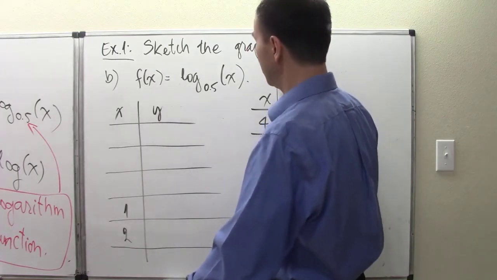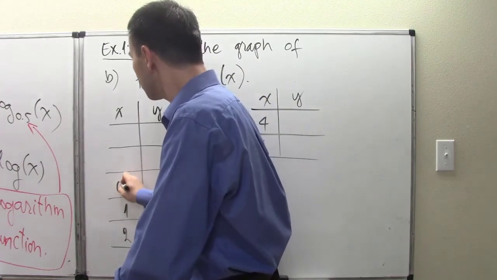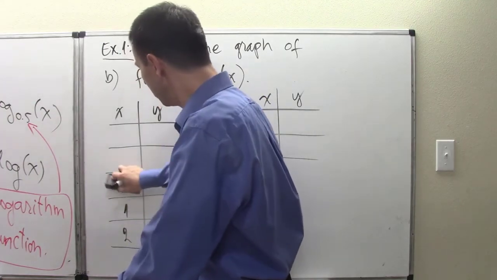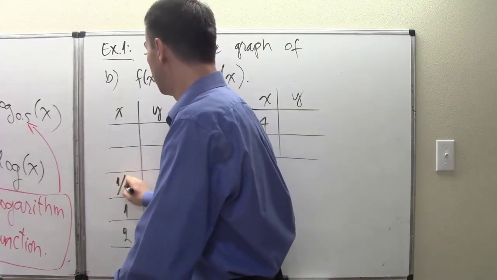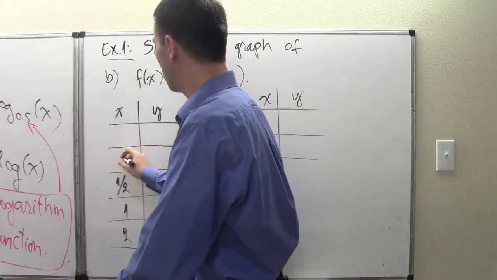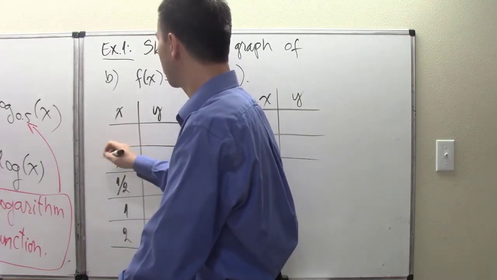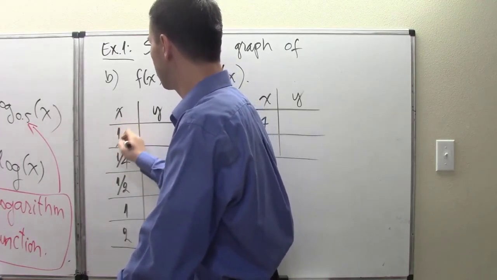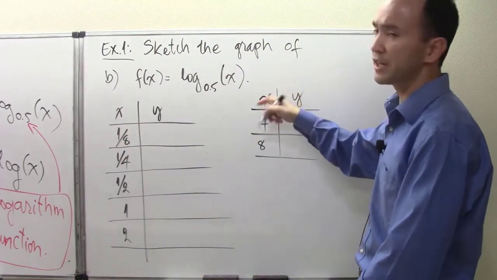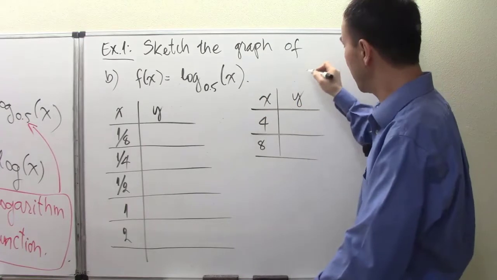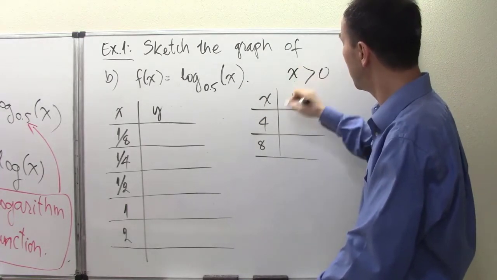Then I'll go with the inputs being 1/2, 1/4, and another input being 1/8. You can also double check with me at this point that the input should be positive.